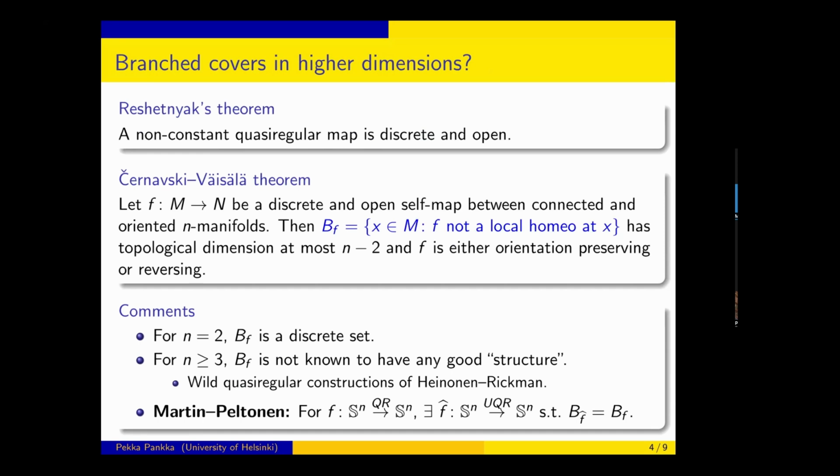We know that these quasi-regular maps we just discussed are discrete and open maps, so they are branched covers in our discussion.